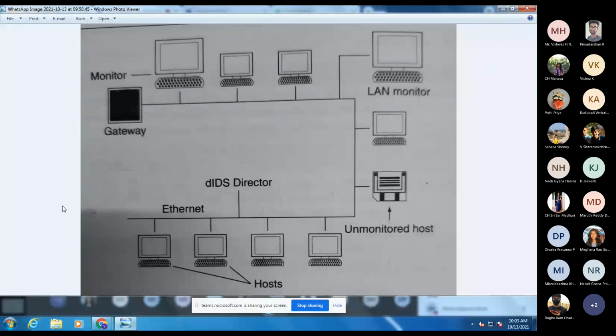Okay. So this is the architecture of distributed intrusion detection. In short it is called DIDS. Is that clear? Basically, this consists of multiple IDS over a large network, all of which communicate with each other or with a central server that facilitates advanced network monitoring, incident analysis, and instant attack data.